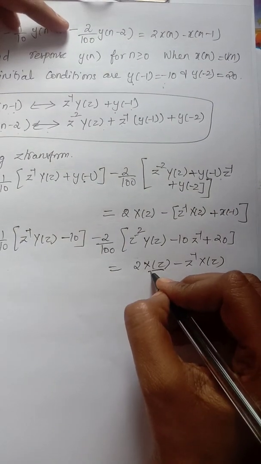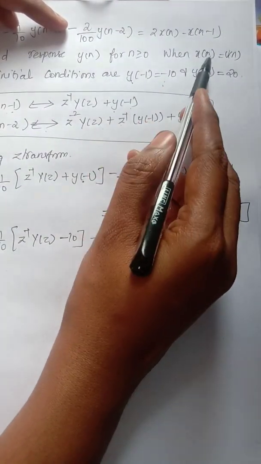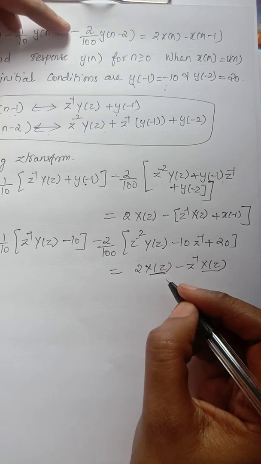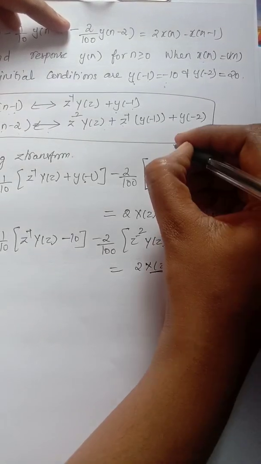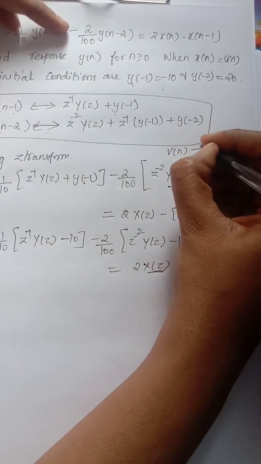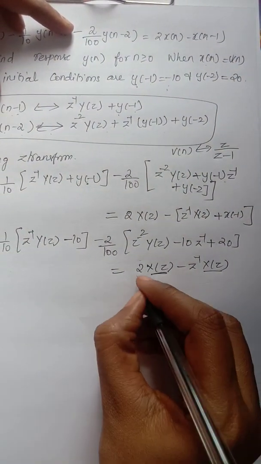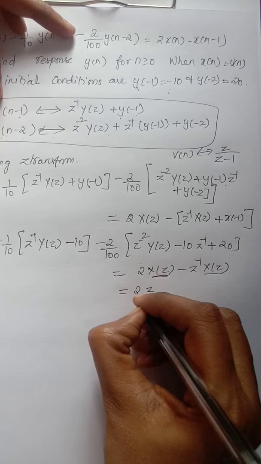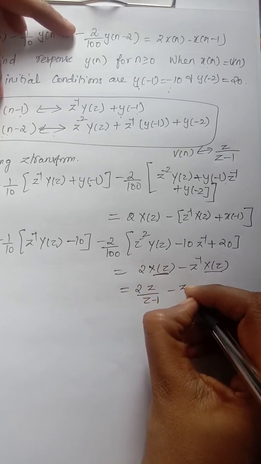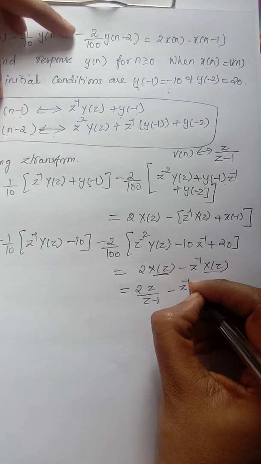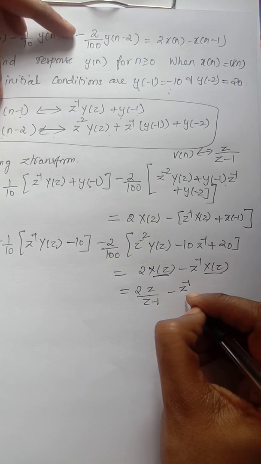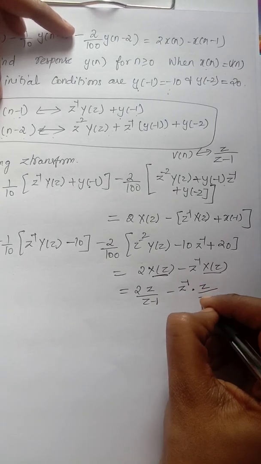Before that we need to know x of z, because x of n is given, so it is nothing but z by z minus 1. You know that the z transform of u of n is z by z minus 1. So applying here, 2 into z by z minus 1 minus z inverse into z by z minus 1.